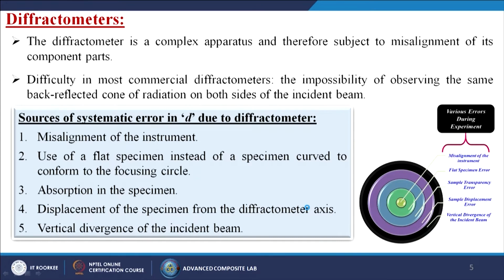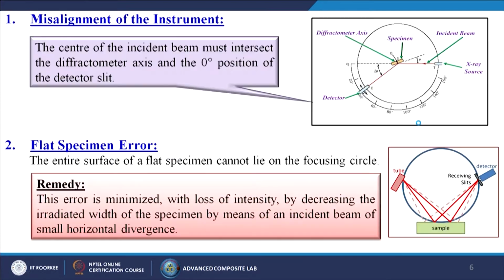First, misalignment of the instrument. Second, use of a flat specimen instead of a specimen curved to conform to the focusing circle. Third, absorption in the specimen. Fourth, displacement of the specimen from the diffractometer axis, and the last one is vertical divergence of the incident beam. These errors are listed in this image.